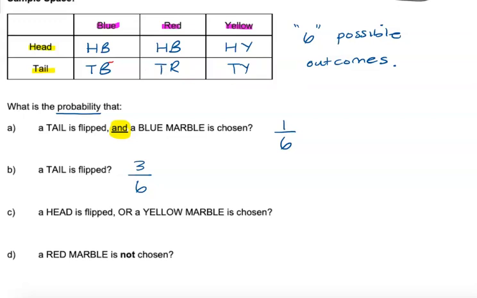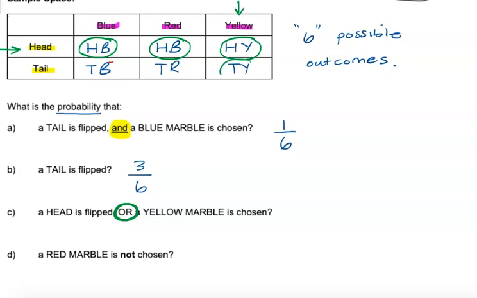In our third question, what is the probability that a head is flipped or a yellow marble is chosen? So "or" means we want either of these. So we need to select all the ones that involve a head. So I'm going to circle all the ones that involve a head being flipped on the coin. And we also have to include the ones that also include a yellow marble.